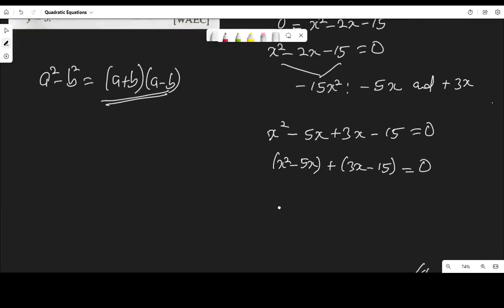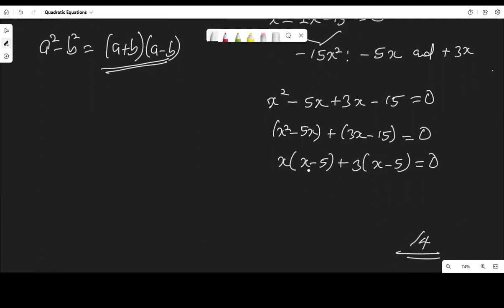What is common here? x is common: x times x minus 5. And in this, 3 is common, that is a number that divides both of them. 15 divided by 3 is 5, 3x divided by 3 is x. We have a common factor x minus 5, so we'll factor it out as x minus 5, then we pair the rest together, x plus 3, equal to 0.